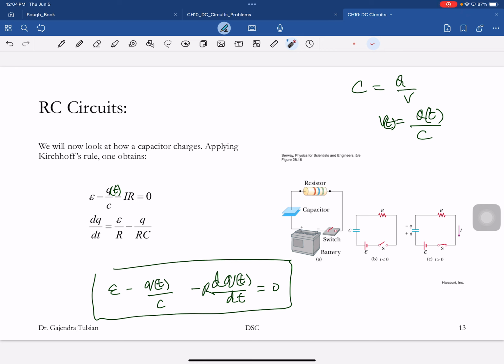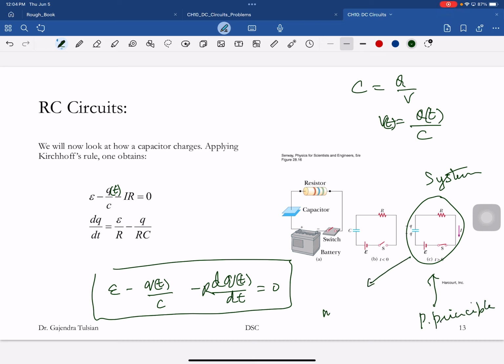Or, here's the system, you put in a physical principle, and what you get is a mathematical model. What is your mathematical model telling you? That the charging of the capacitor obeys this differential equation.